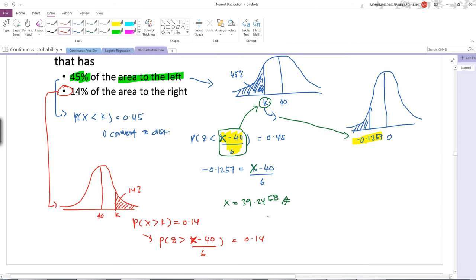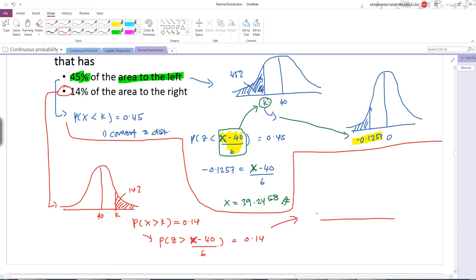So if we convert to the z distribution, we don't want to mix anything else. So this is the z distribution. The value of k here, this is 14%. K here is 1.08.